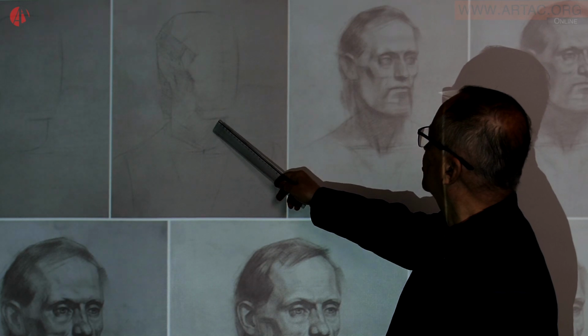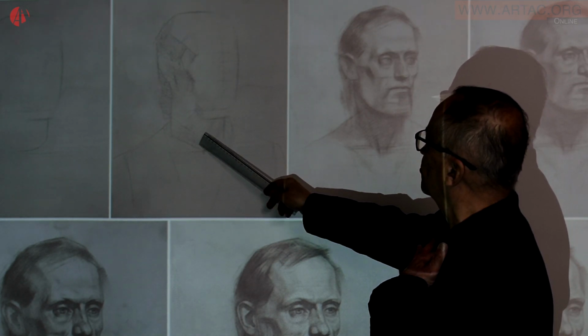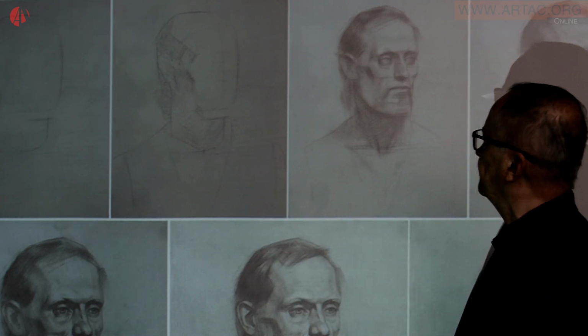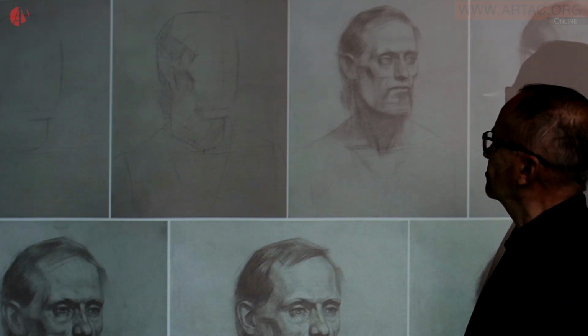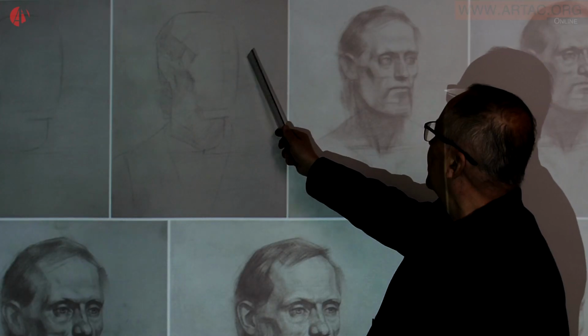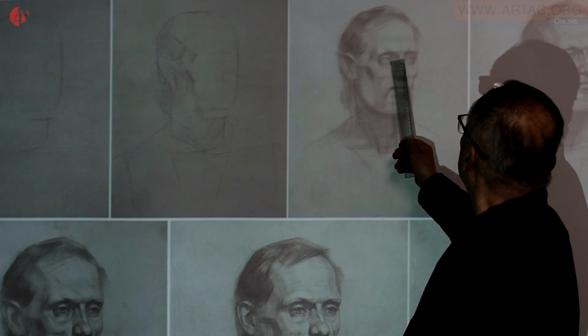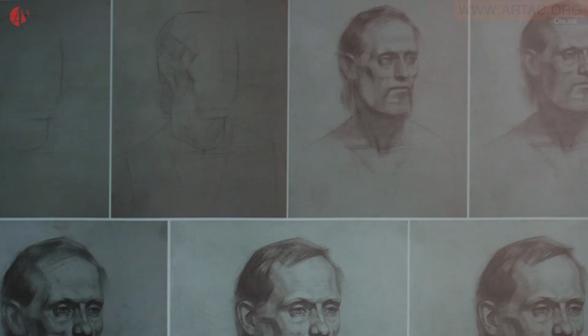Goes through the neck, all the way to jugular notch, and goes all the way down to the rib cage eventually. The main horizontal constructive line goes through the eye line.